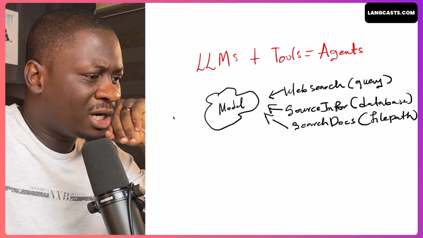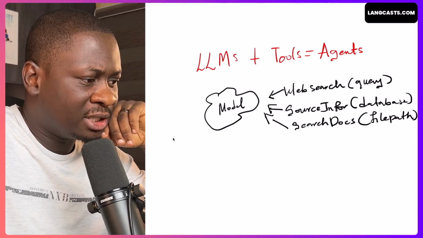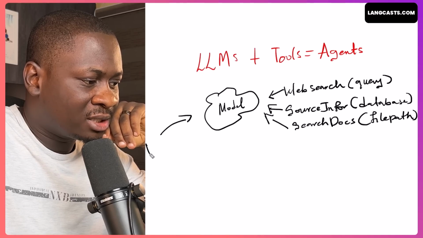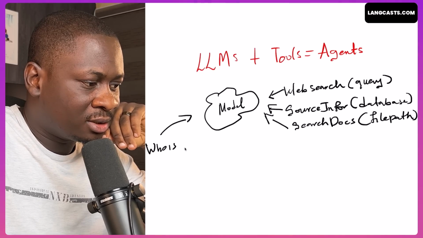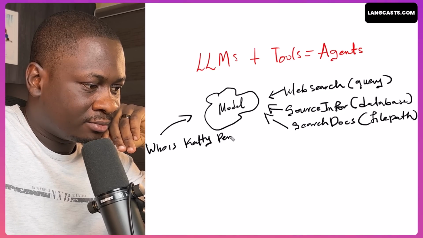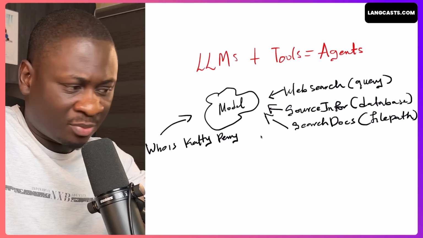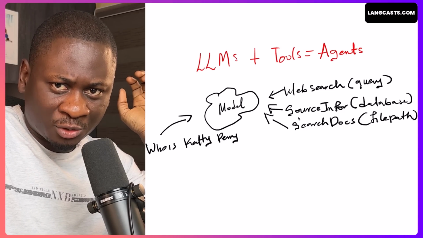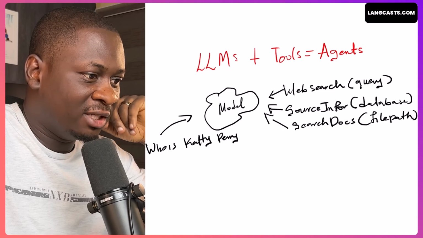So when a user comes and queries our model, let's say the user asks, who is Katy Perry? Now, which of these tools do you think the model is going to go for? Definitely the web search.